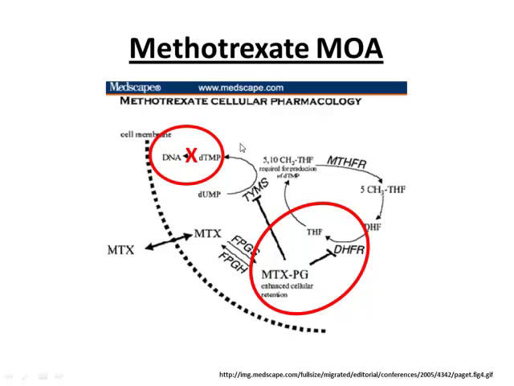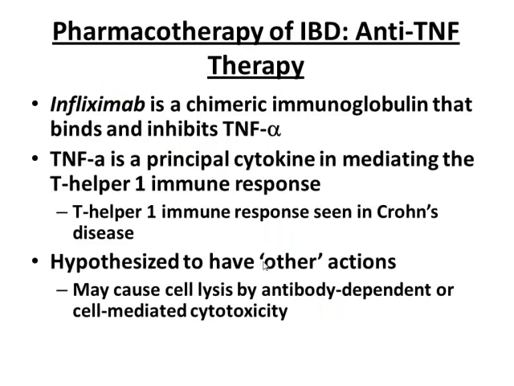This slide just emphasizes the MOA of methotrexate. So essentially what you're doing, once again, the main thing you guys need to remember, is blocking DNA synthesis. Okay. I'm not going to worry about this down here. Okay. Anti-TNF alpha therapy, tumor necrosis factor therapy, can be used for inflammatory bowel disease as well, and the drug that does this is infliximab. What that is, is an immunoglobulin that binds and inhibits TNF alpha.